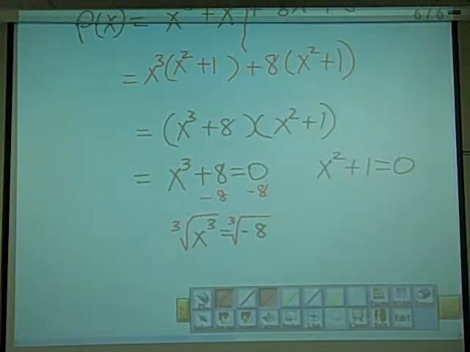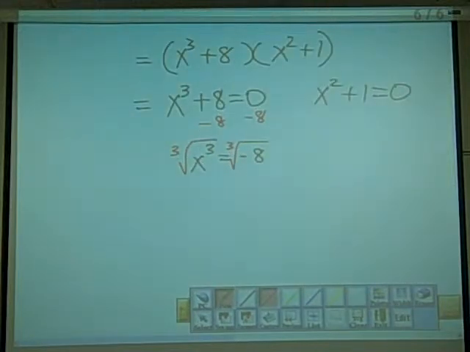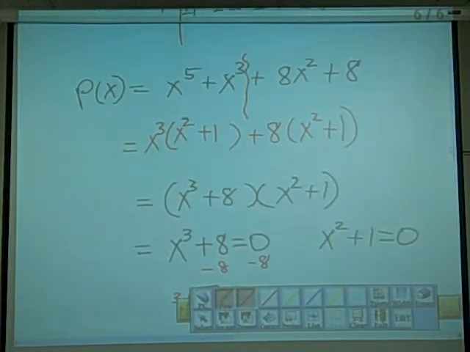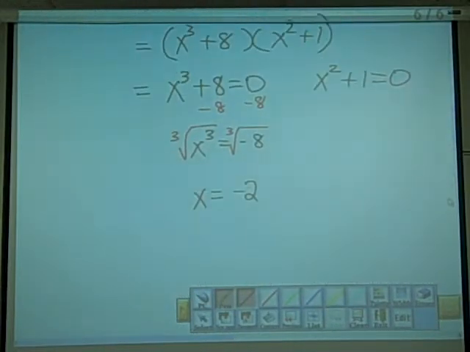Now with cube root, with the odd roots, we don't put plus or minus. That's only with the even roots. So we get x equals the cube root of negative 8, which is negative 2. And sure enough, that's one of our possible zeros, right?